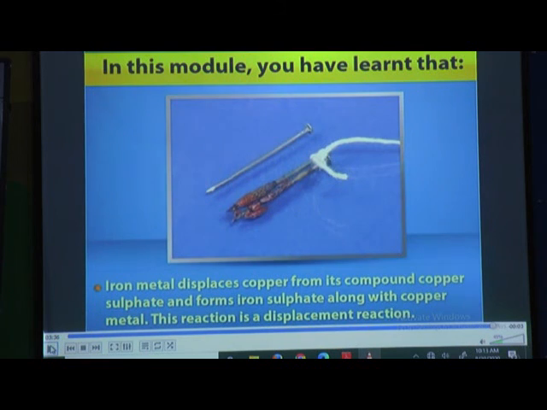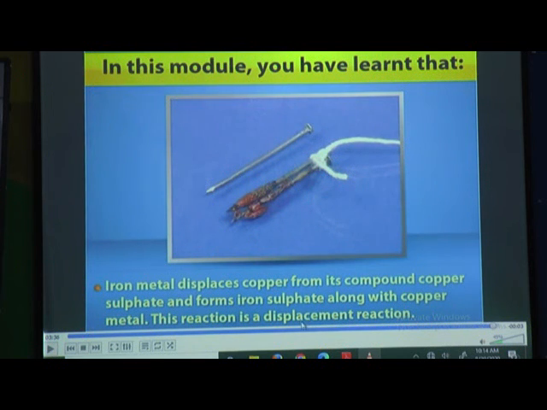So see children, after this activity, what observations can you see? The solution is going to change its color. Why is the color of this copper sulfate solution going to change? Because when we add this iron nail in this solution, what happens?